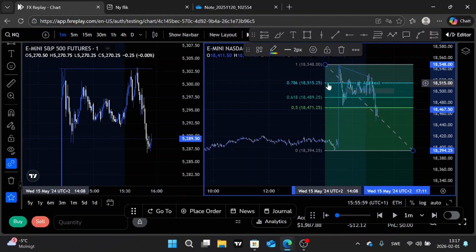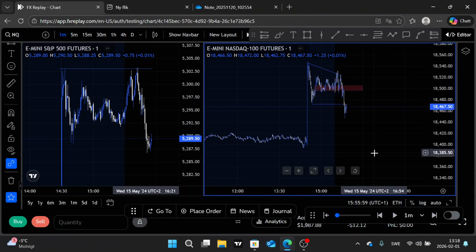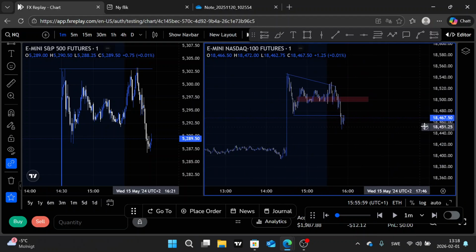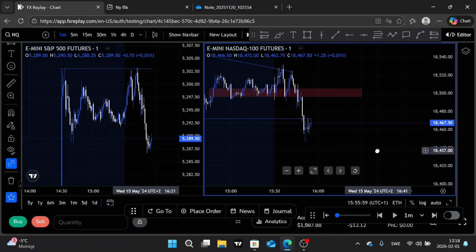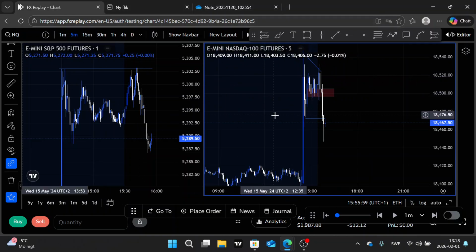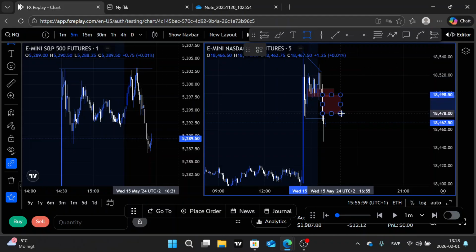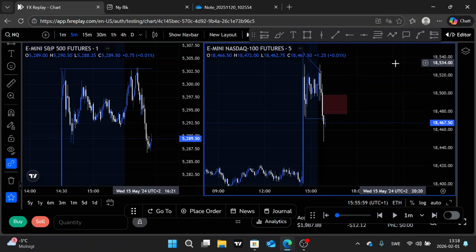We went to equilibrium to then go back and take those low resistance liquidity. But for me to have enough confirmation that we want to go higher, this would be my first sign to go higher.